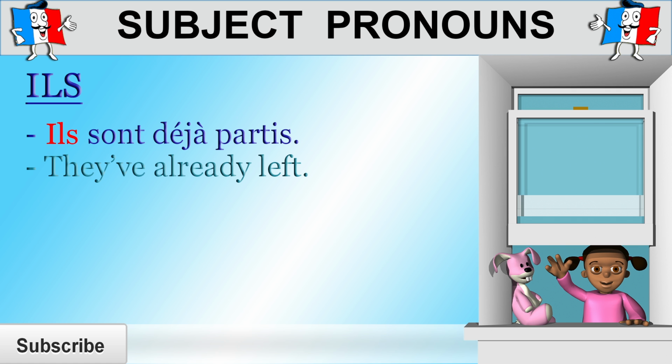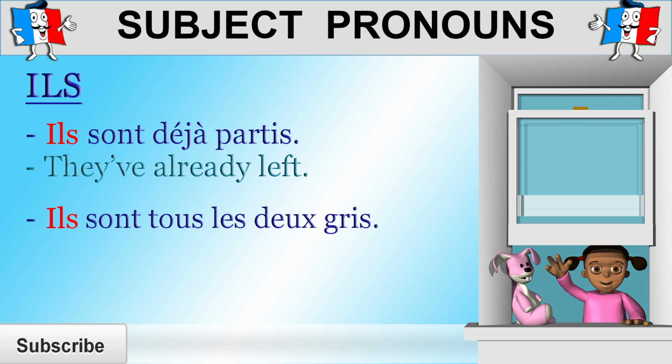In this case, ils, they, could refer to more than one man, or it could even refer to a man and a woman. If someone asked you what color are your car and your lorry, you could say, ils sont tous les deux gris. They're both grey, being as I said earlier, a car in French is a feminine noun and a lorry is a masculine noun.